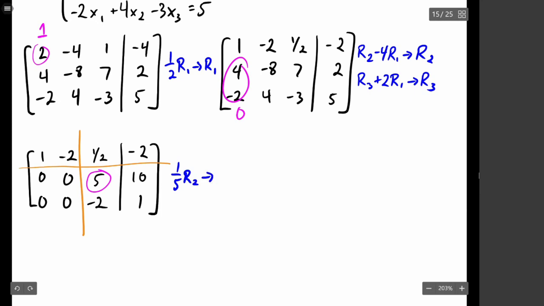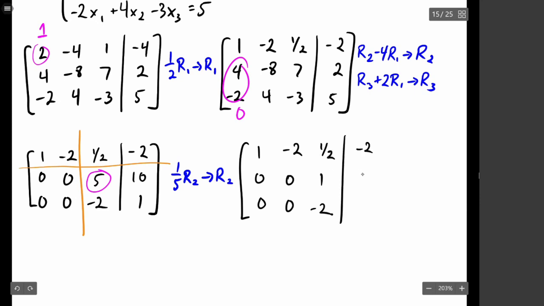1/5 of row 2 goes to row 2. If we do that, we have 1, 0, 0, negative 2, 0, 0, 1/2, 1, negative 2, and negative 2, 2. Okay. Great. So we got our leading 1.